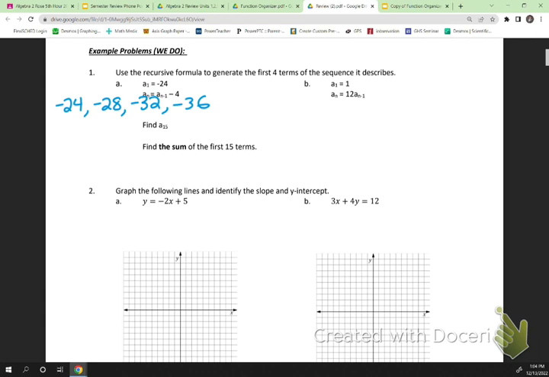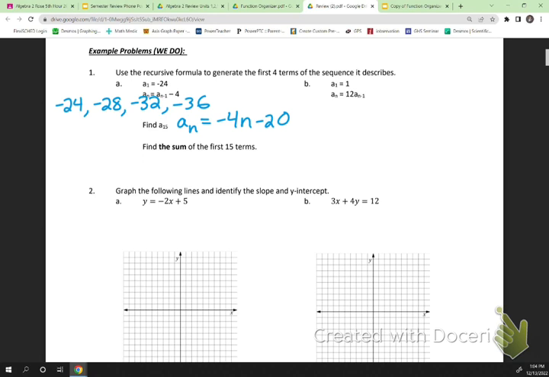It then wants us to find the 15th term. So you could sit here and calculate the 15th term. That's what I do. Or you could just say, well, the slope or the common difference is -4 times n. What would the 0 term be? -20.